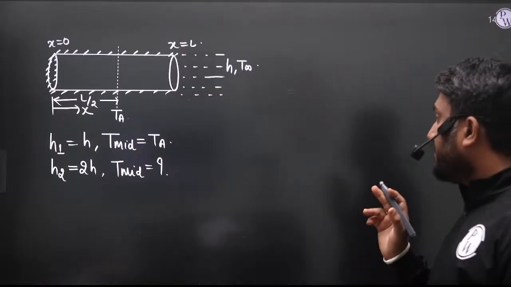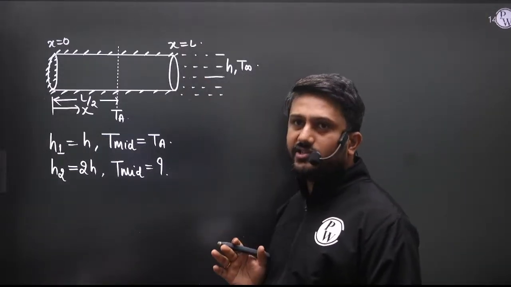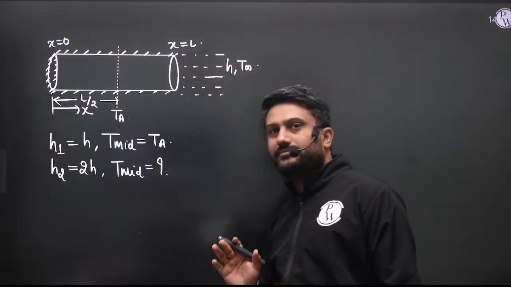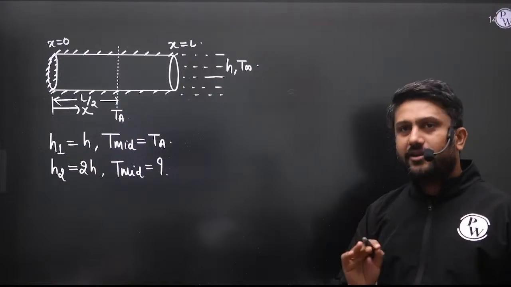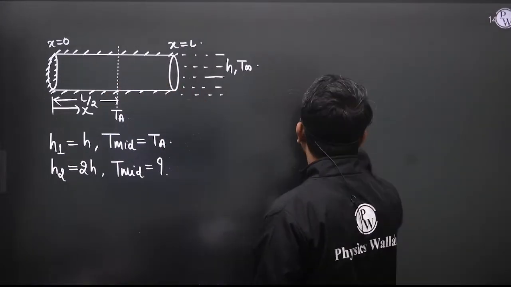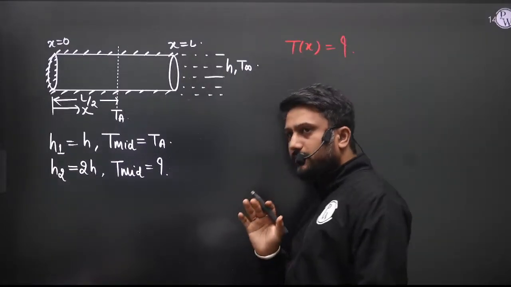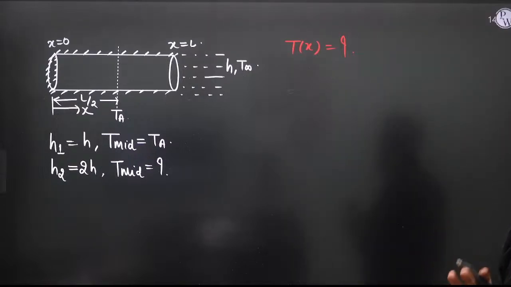Okay, so first try to find out whether the temperature variation in this rod depends on this H or not, right? First try to find out the temperature variation with respect to X, because in this problem temperature only changes with X, because this is a one-dimensional steady state problem.